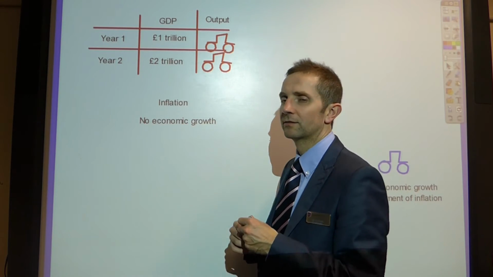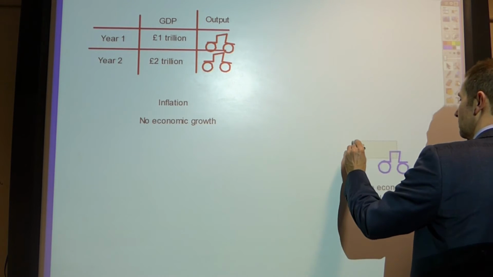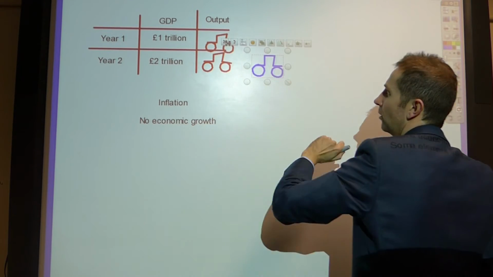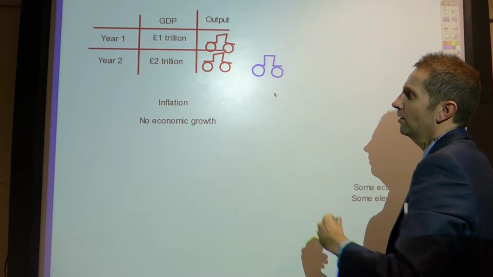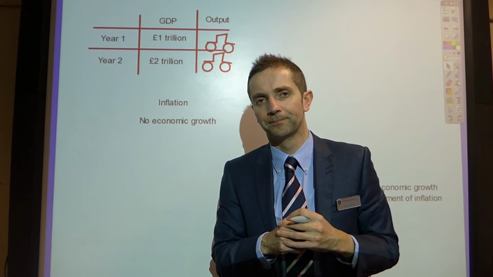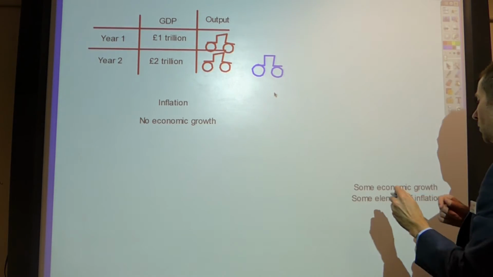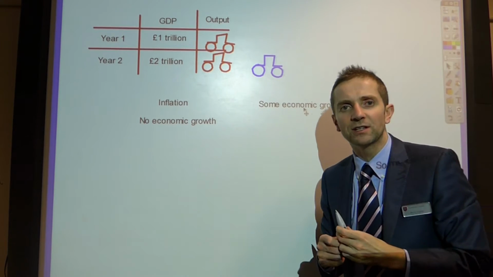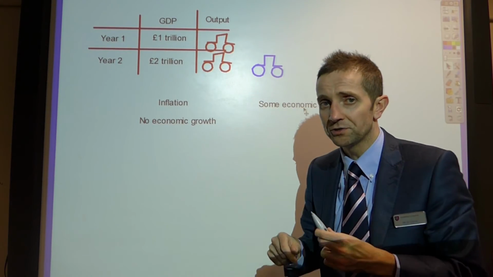Let me just add something else. So let's say in the next year this economy produces another year on, so they produce, instead of producing one car, they now produce two cars. So what might the scenario be in this case? Well, the economy is clearly experiencing some economic growth because we've gone from one car to two cars.